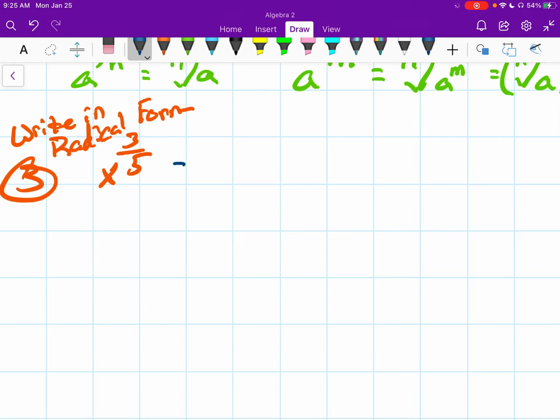So writing in radical form, we know that the 5 in the denominator there means that we're talking about the 5th root. So I'm going to have the 5th root of x, and then that 3 in the exponent can go right there. And we could either write it like that, or we could write it like that, where the 3 is outside and cubes the root. You could either have it inside the root or outside the root. It's the same thing.